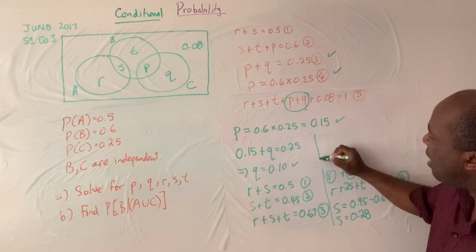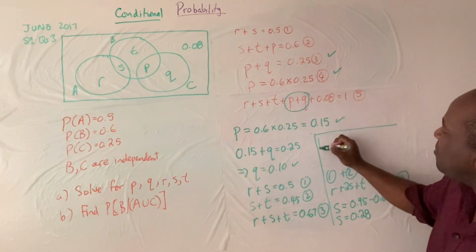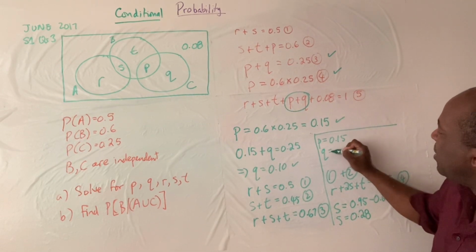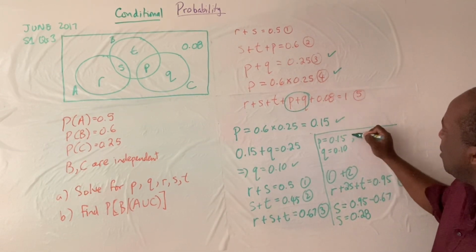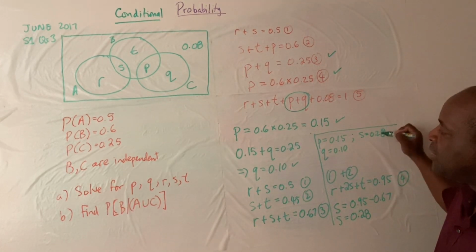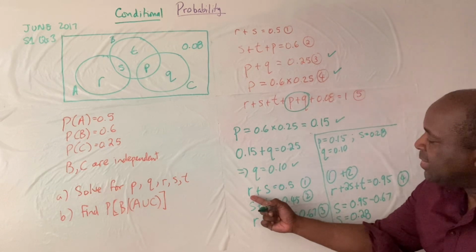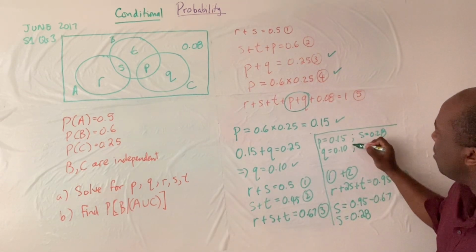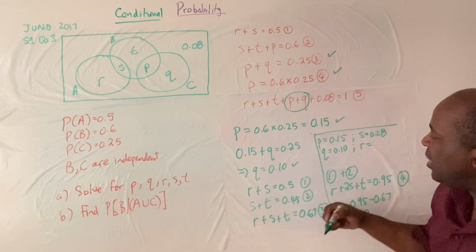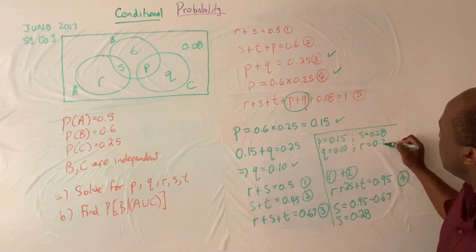So let's look at what we have so far. We have P to be 0.15. We have Q to be 0.10. We have S to be 0.28. And then with that now I can easily calculate R. R will be 0.5 minus 0.28, which is 0.22.